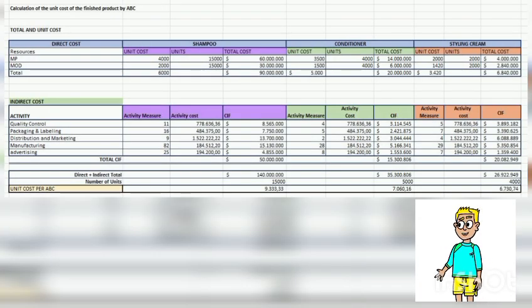To calculate the indirect cost, we must take the measurement of the previously related activity and multiply it by the cost of the activity which we calculated previously. Once we know the value of the three cost elements, we proceed to add the three values and divide this result by the number of units produced to find the unit cost using ABC costing.